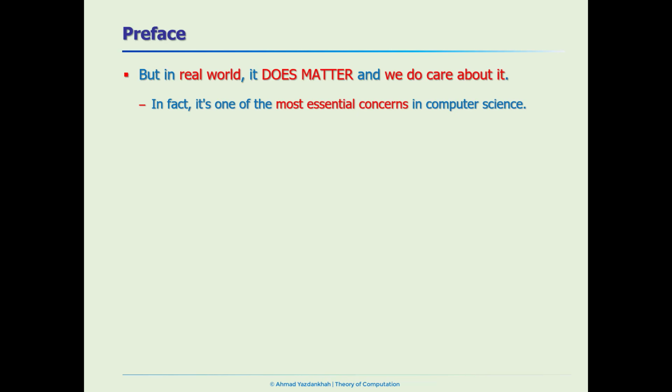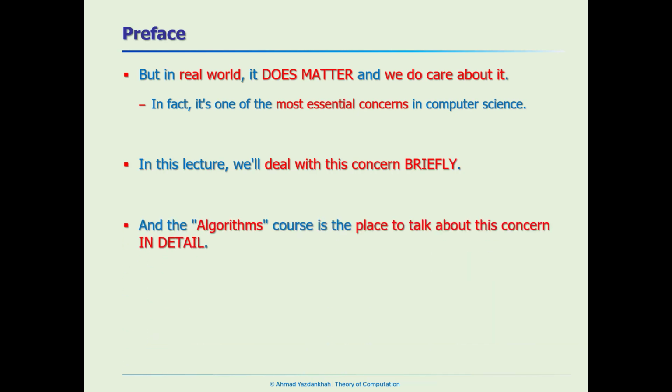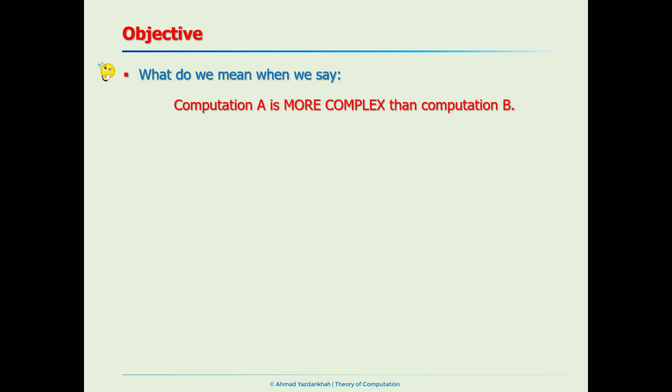So in this lecture, we're going to deal briefly with this concern, and the algorithm course is the place to talk about it in detail. Based on this preface, what is the objective of this lecture?